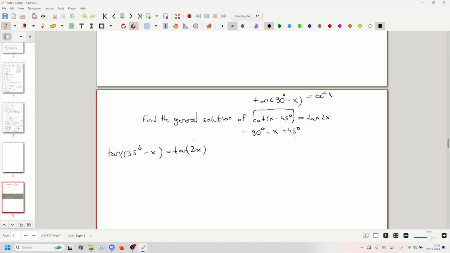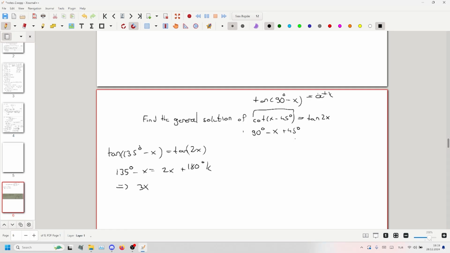Now remember in tangent, the only solution we got was to equate these and add the period. So 135 degrees minus x is equal to 2x plus the period for tangent, which is 180 degrees, multiplied by k. So now we can throw 3x here.